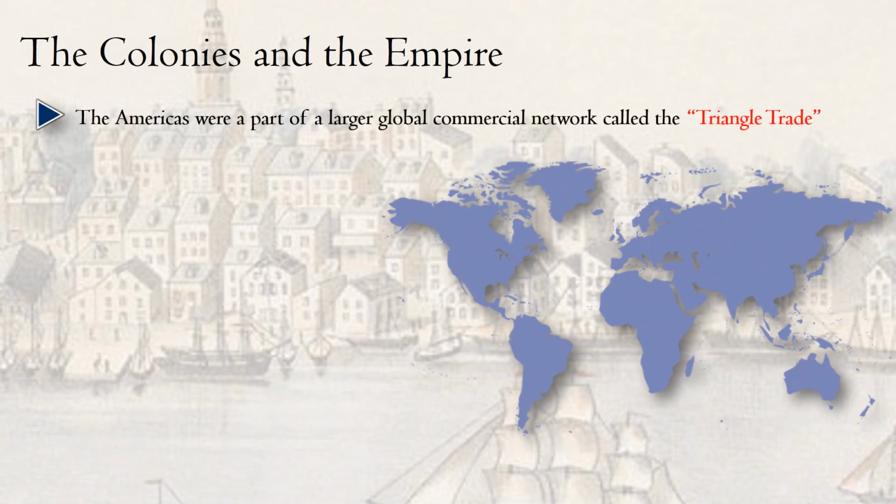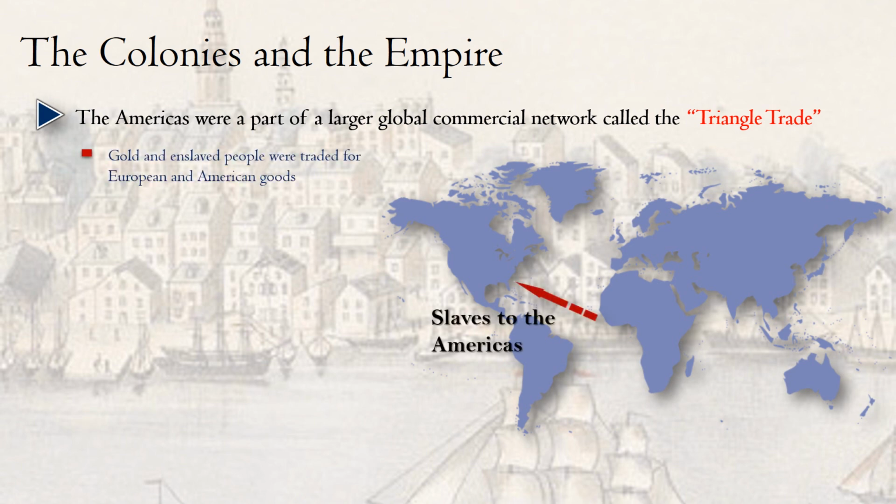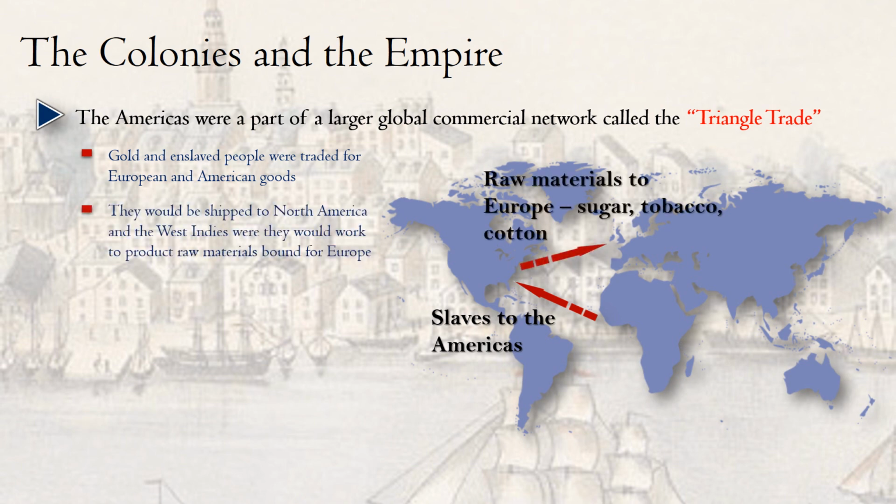So Americans were part of a larger global empire called the triangle trade. The triangle trade functions like this. You're going to have gold and enslaved people traded for European and American goods on the African continent, and then shipped to North America and to the West Indies, where the enslaved people are going to work to produce raw materials, and those raw materials are going to be bound for Europe.